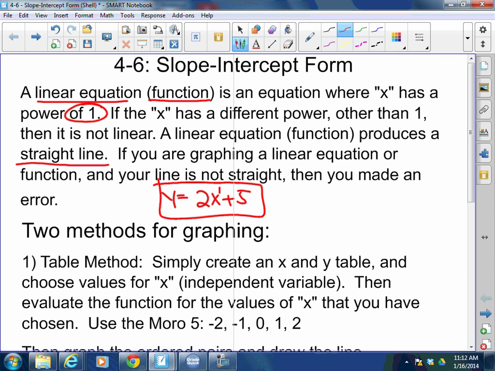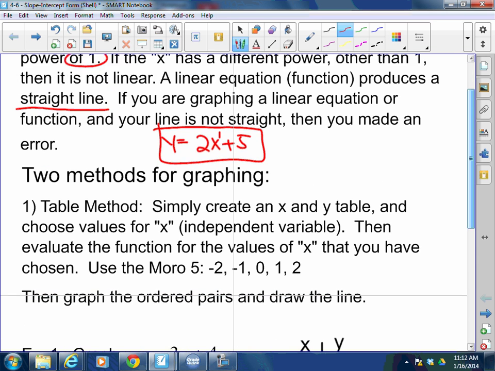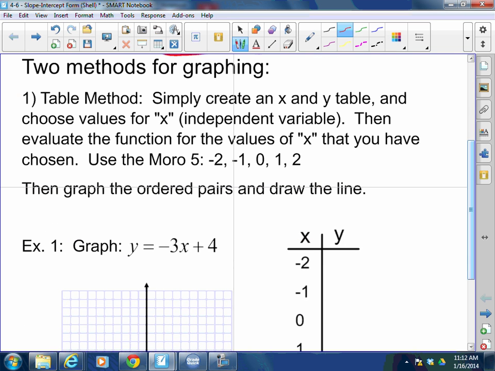Now, there's two methods for graphing. The first method we've already learned. It's called the table method, and you know that already. So I'm going to go pretty quickly over this. You simply create an x and y table and choose values for x, the independent variable. Then you evaluate the function for the values of x that you have chosen.